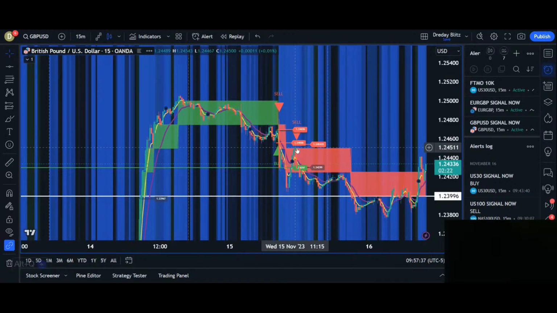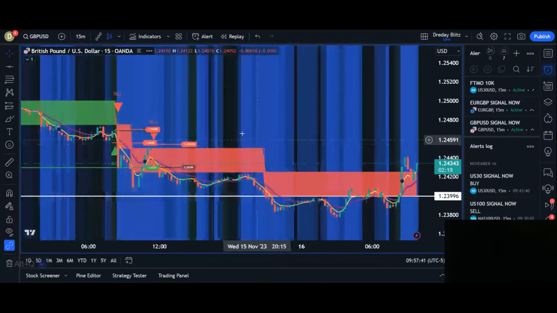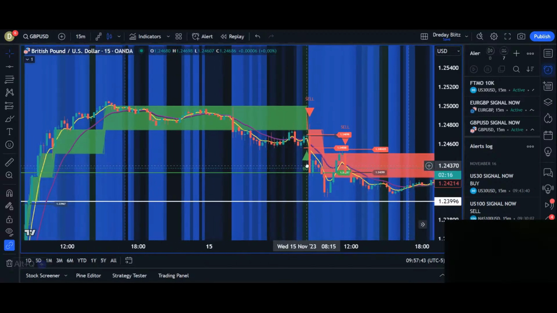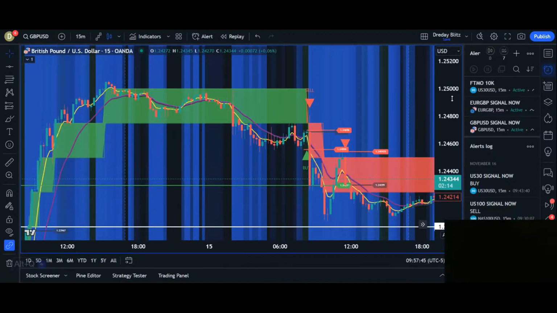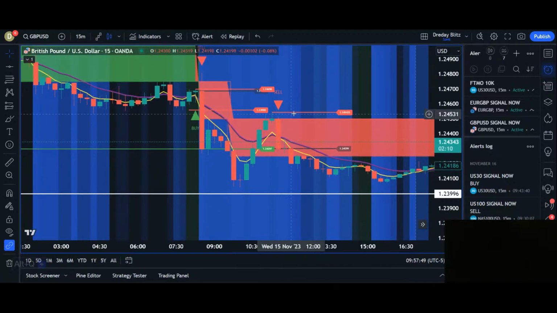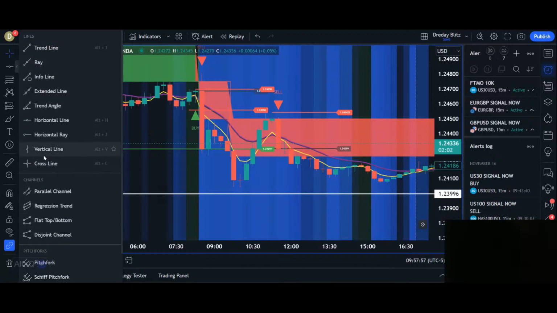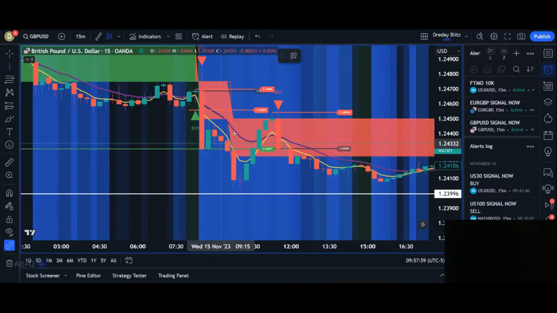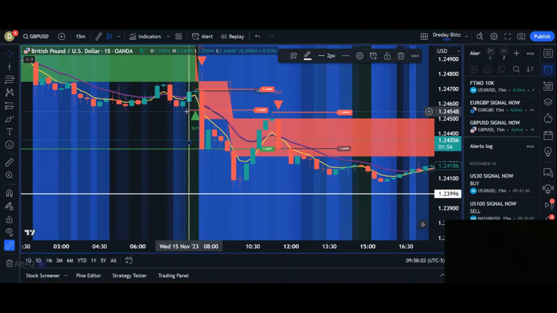If you have taken that trade right here on this candle, let's zoom in. At this candle, that'll be your entry. So that'll be this candle here. Let's put a vertical line. So that way you're able to see.